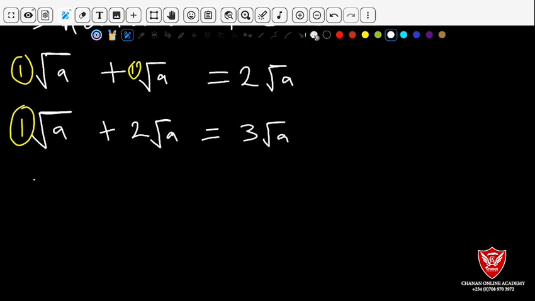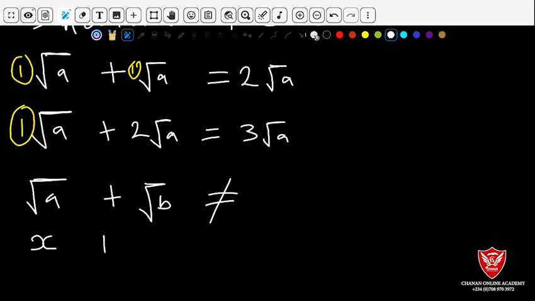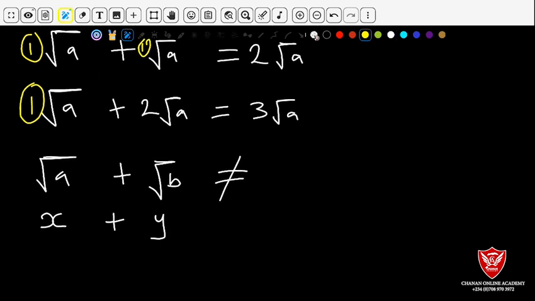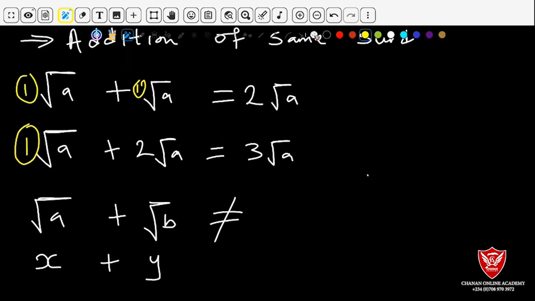How about if we have root a plus root b? Now this one cannot add. That's why I said it can only work for like terms. This is like saying x plus y. They are not the same thing. Same thing applies for subtraction. So let me use another example.